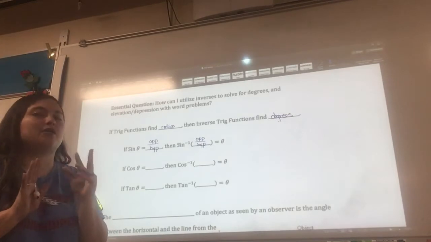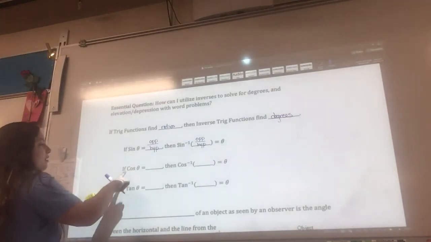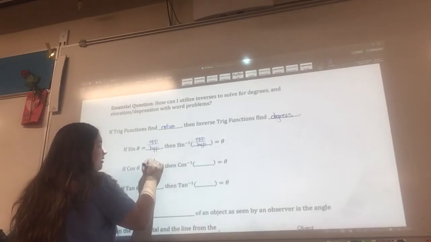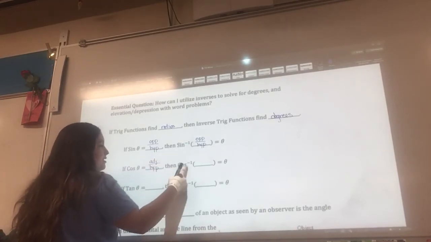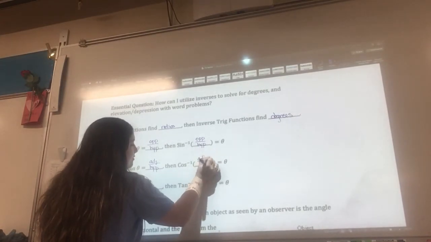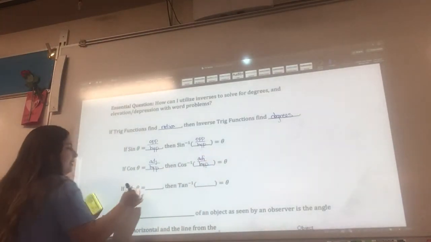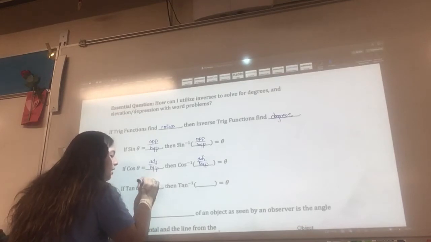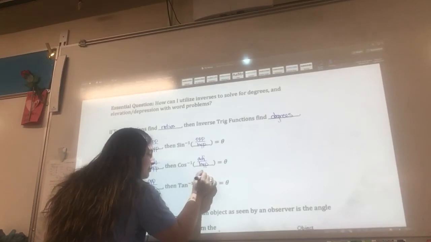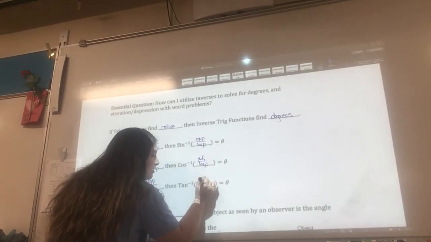It is only one extra button on your calculator. Cosine, again, is CAH, so adjacent over hypotenuse, so cosine inverse is adjacent over hypotenuse. Tangent theta is opposite over adjacent, because TOA. Therefore, tangent inverse is opposite over adjacent.